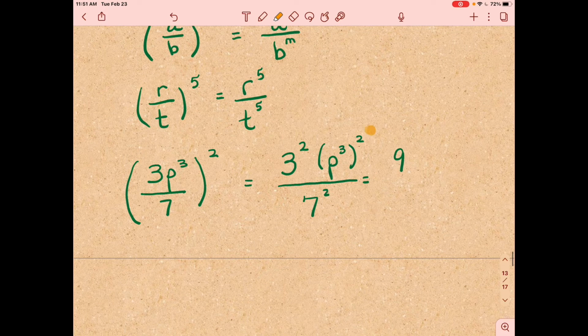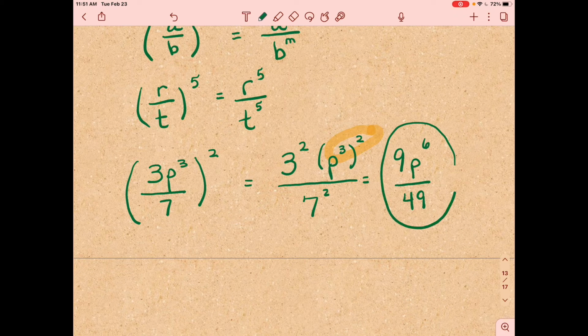P to the 3rd squared, we learned about on Monday, is p to the 3 times 2, because p to the 3rd is happening twice, and so we'll get p to the 6th power, and 7 times 7 is 49. So there's our final simplified answer. When we're simplifying, we're trying to get rid of extra exponents and parentheses.